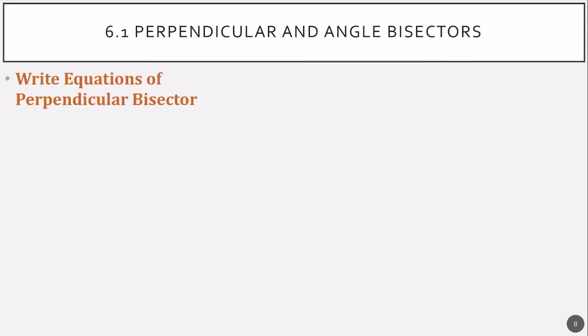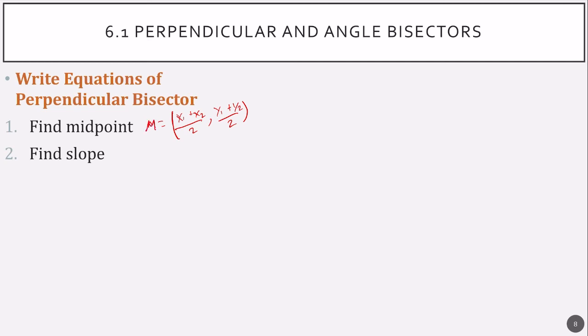Our last type is to write an equation of a perpendicular bisector. Well, since it's a bisector, find the midpoint. And you could do that by using the midpoint formula. Midpoint formula, remember, was x1 plus x2 over 2, comma y1 plus y2 over 2.